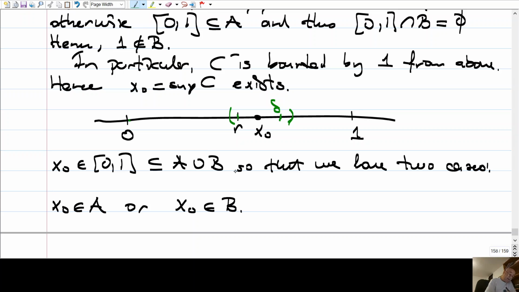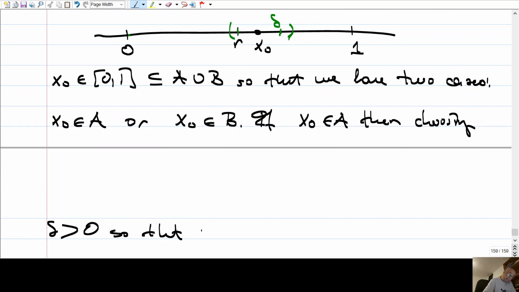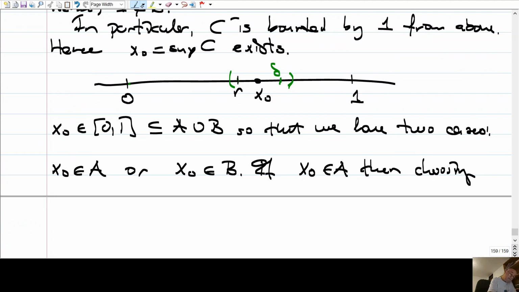So let me just write that down. If x0 is in A, then choosing delta positive so that (x0 minus delta, x0 plus delta) is in A, we see that the point x0 plus delta over 2, so this much is delta, and this point is x0 plus delta over 2.